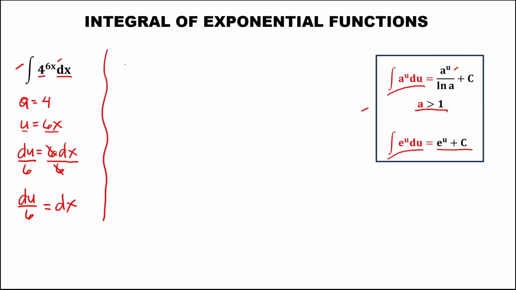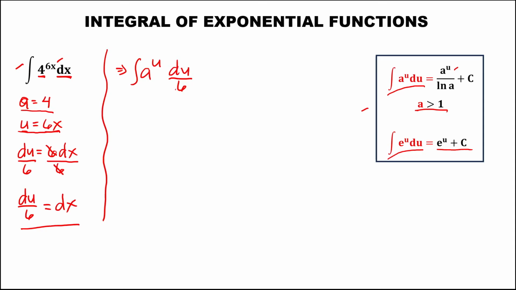Then using the u substitution, we have the integral of 4, which is a, to the power 6x, and 6x is equal to u. Then for dx, dx is du over 6.